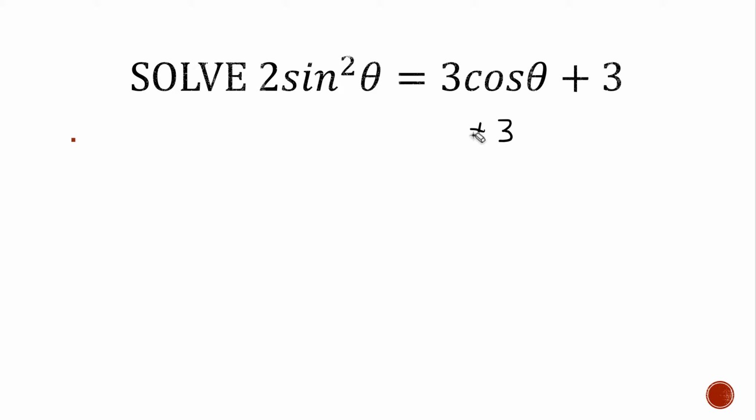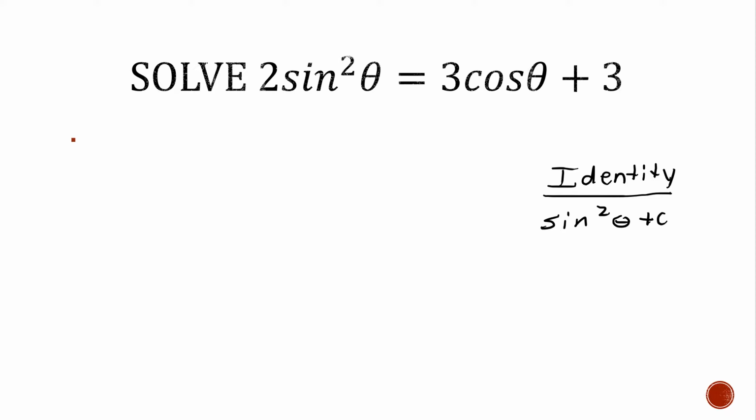So that's going to be my first issue here: I need to get this in terms of a consistent function. In order to do that, we have an identity that we learned in the last chapter that relates sines and cosines. Because I have a sine squared right here, I'm going to take this identity and solve it for sine squared.